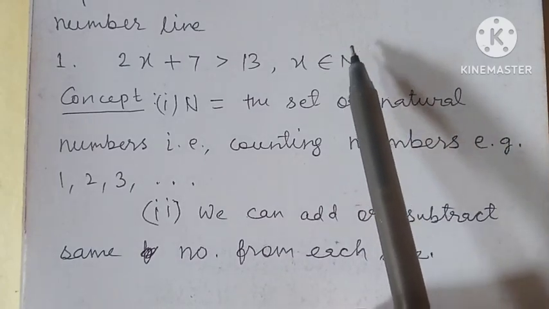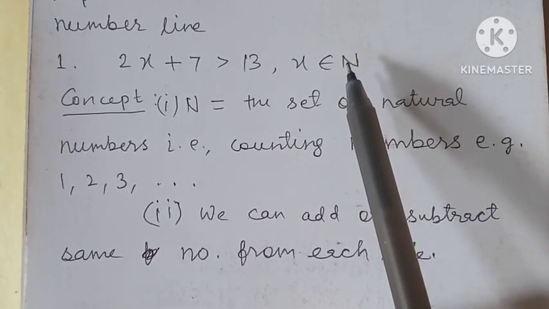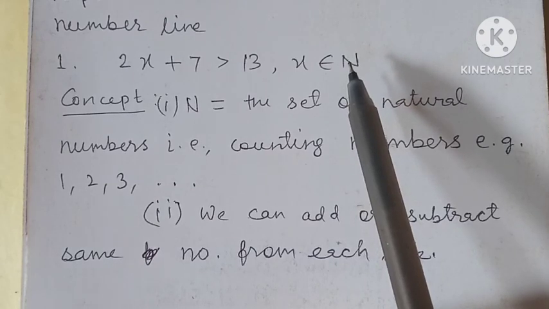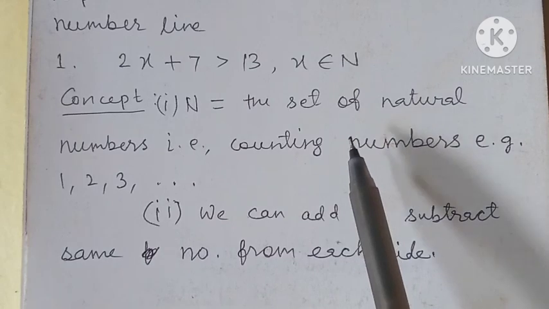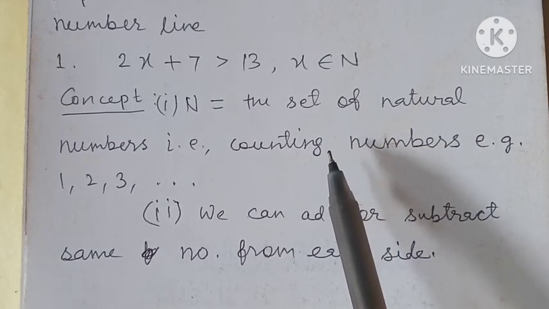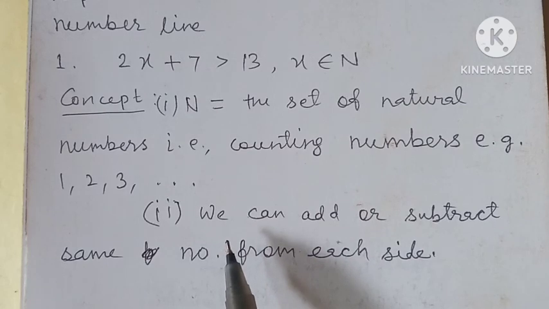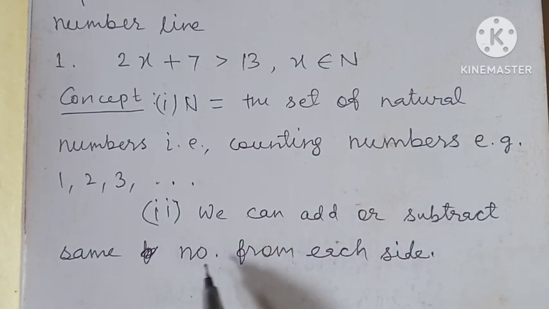Here N is a replacement set. It means we have to choose the solutions from this set, that is from counting numbers. Here we use a rule. The rule is we can add or subtract the same number from each side.